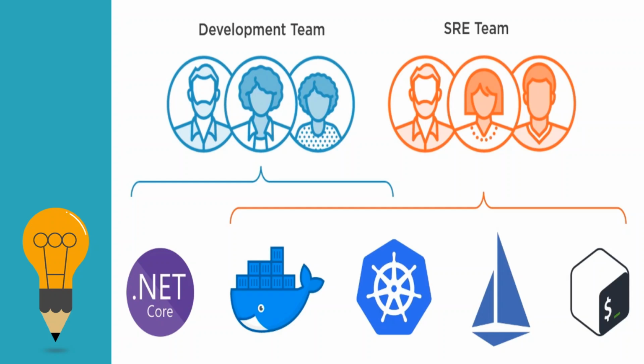Finally, this is how the complete project team should look, with the development team and SRE team in one project. We have .NET, Java, Python, Kubernetes, Docker, Cloud, OpenShift, everything. These are SRE tools which will handle the production deployments.